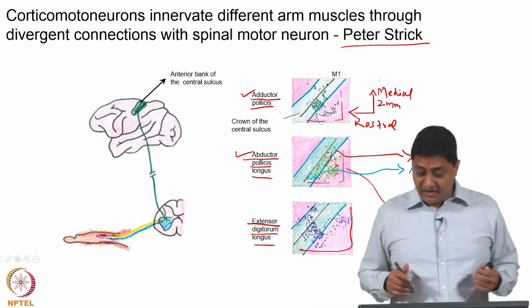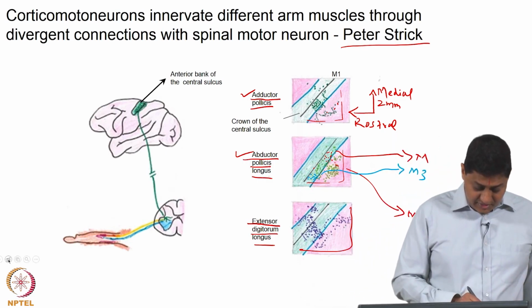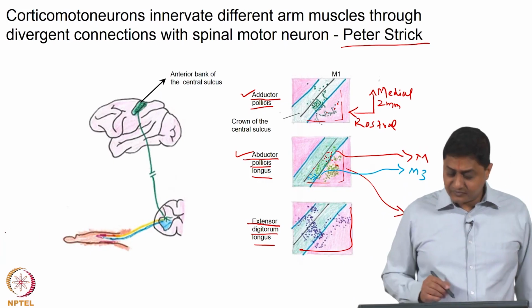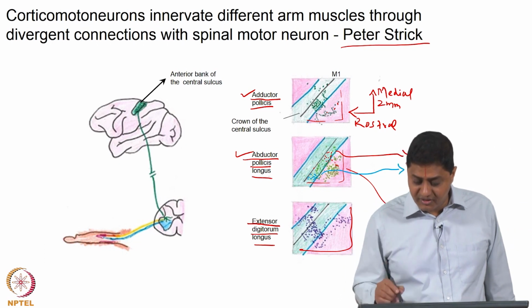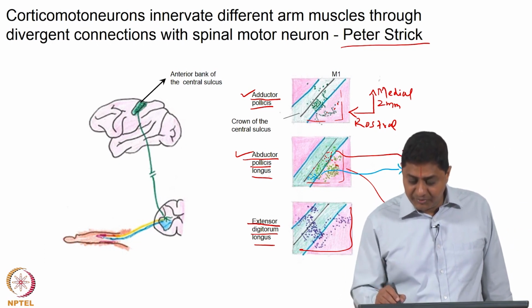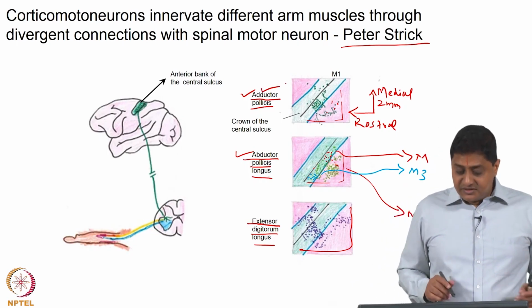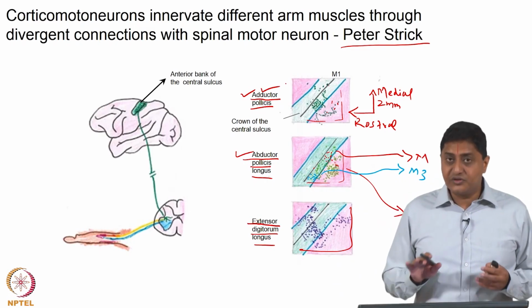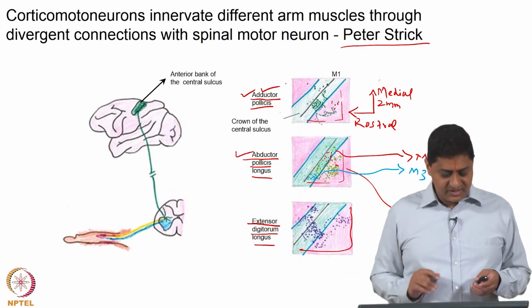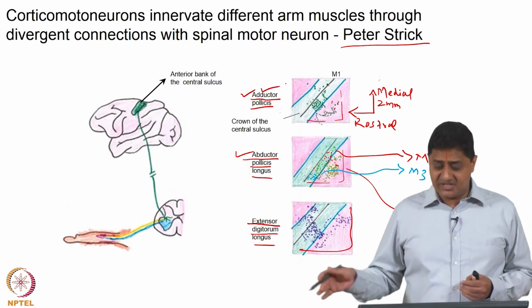So, there is an amount of divergence, and there is also convergence, in terms of the muscle. There is origin of control at multiple sites and convergence to a particular muscle. So, there is both great divergence and convergence from the neuronal sites to the muscle, or the alpha motor neurons that control the muscle in the spinal cord.